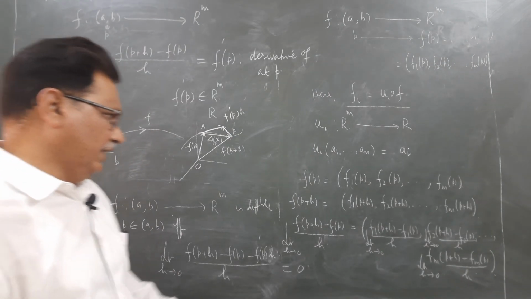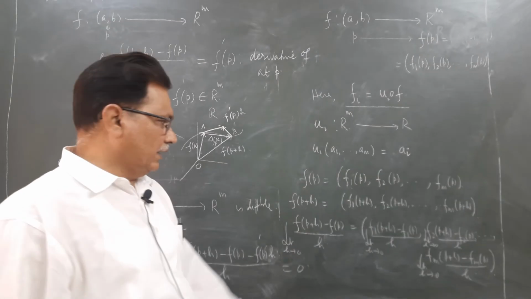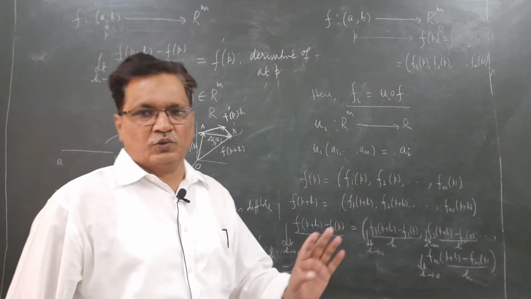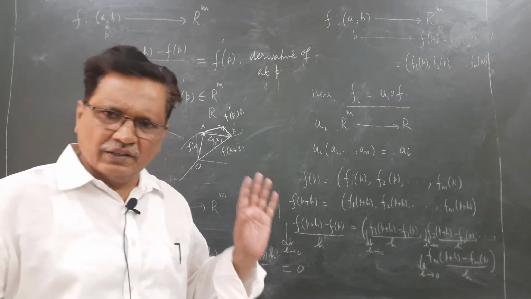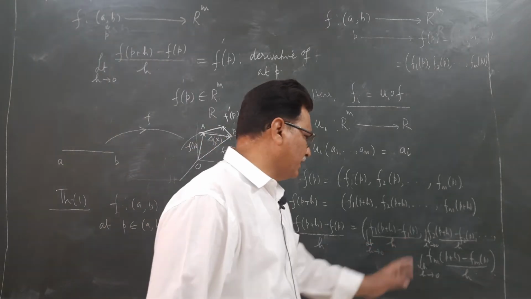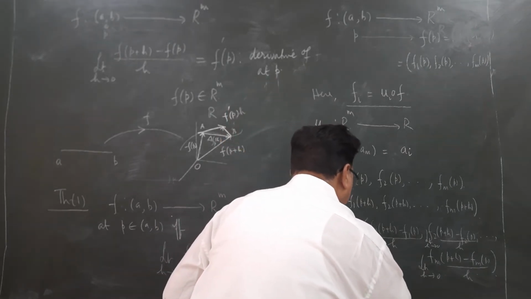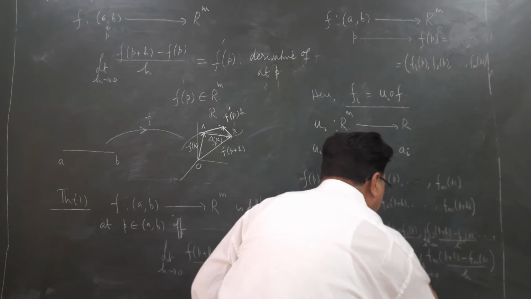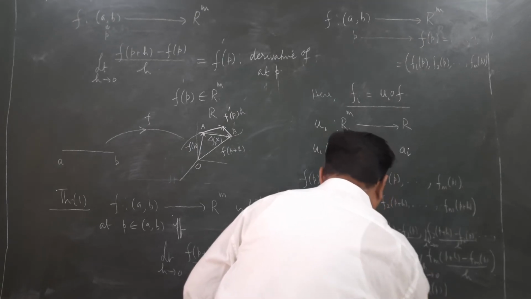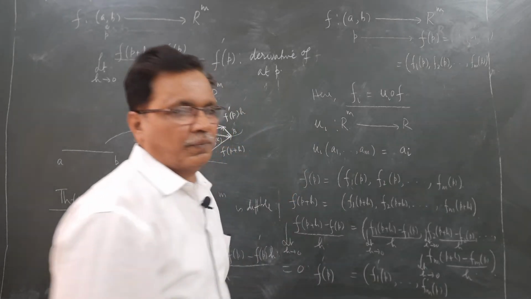Now, if these limits exist, they are real valued functions of a real variable. All fi's are real valued functions of a real variable, in fact from an open interval (a, b) to R. If these limits exist, they will be denoted by f1 dash p, and so on, the last being fm dash p, and this I will call f dash p by definition.